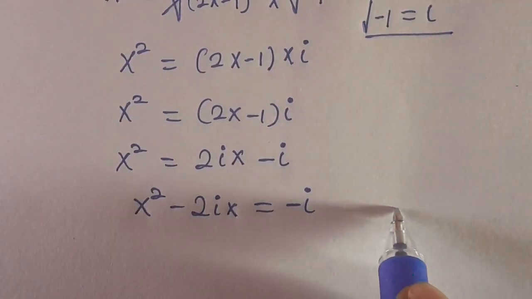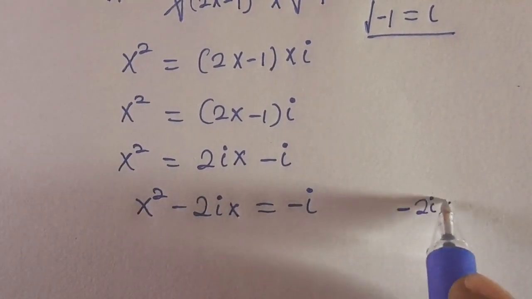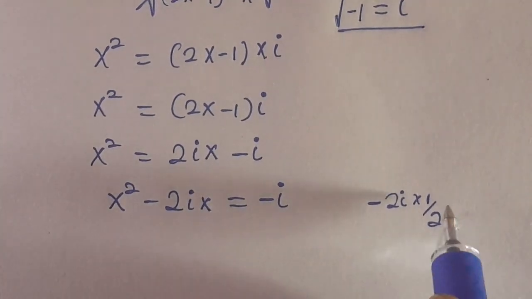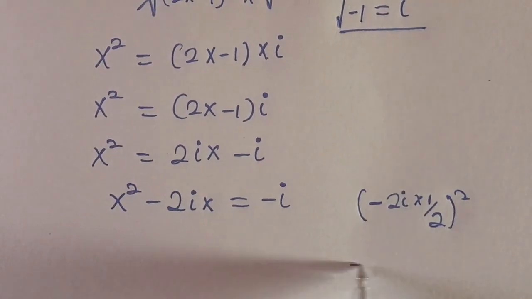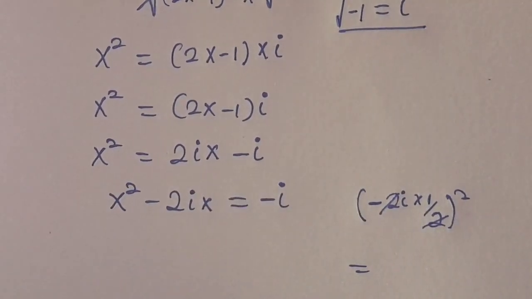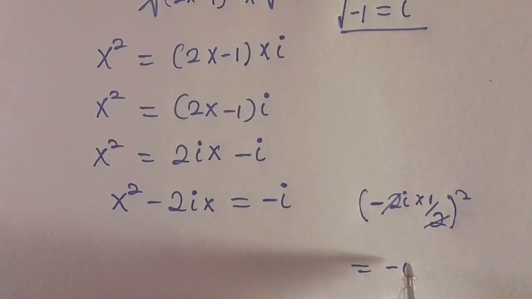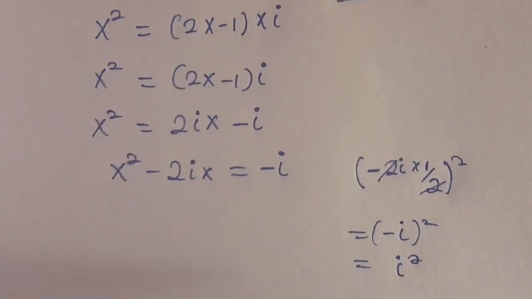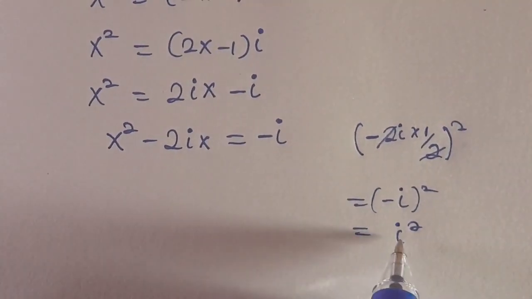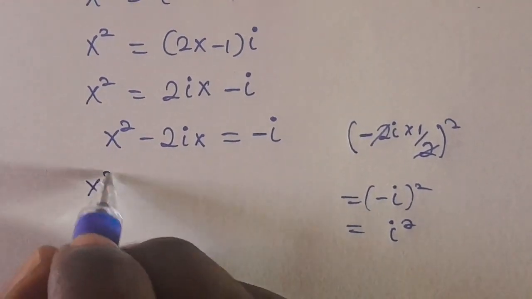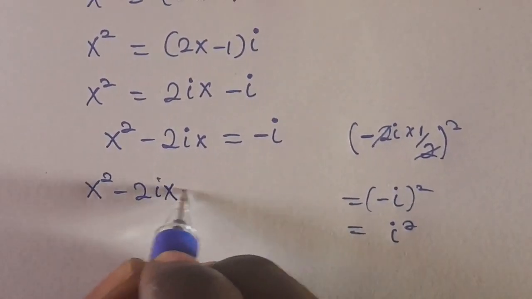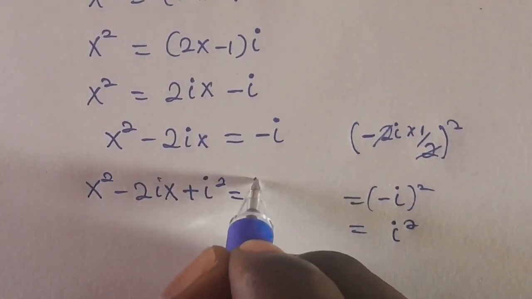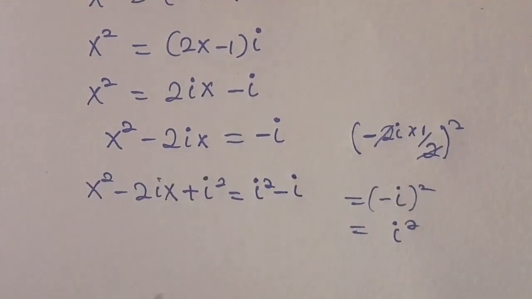Half of minus 2i, multiplied by 1 over 2, then we square everything, which gives us minus i squared, which is i squared. So we add this to both sides: x squared minus 2ix plus i squared equals i squared minus i.